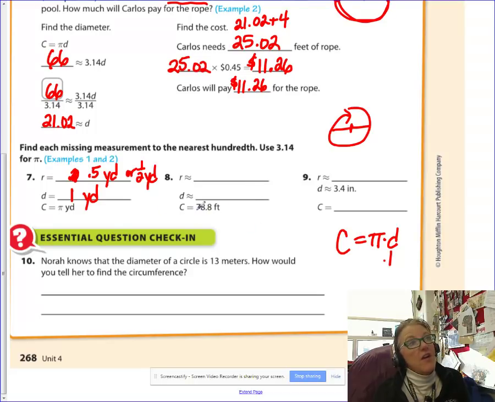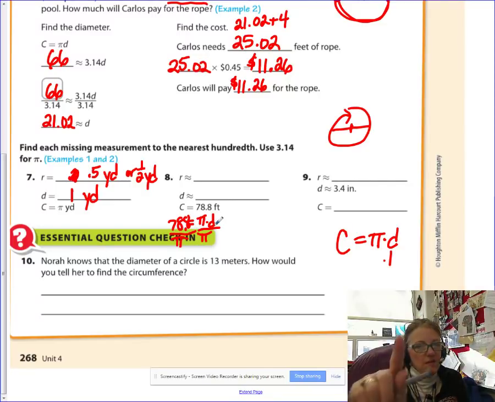There we go. All right, same thing now. Circumference is 78 8/10 feet. Remember that circumference is pi times diameter. So we need to take 78.8, and to figure out diameter or work backwards, you need to divide by pi.